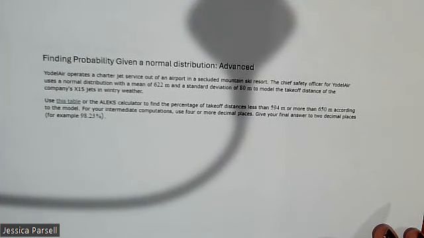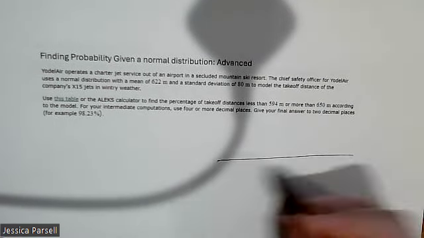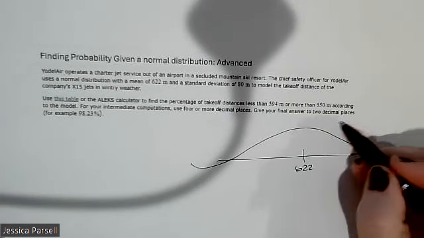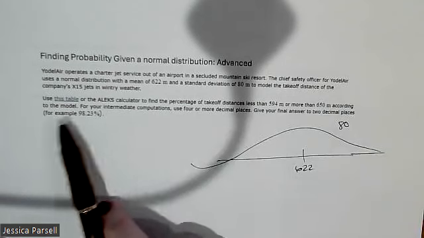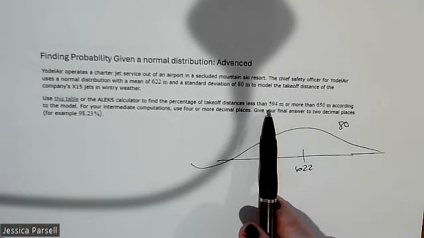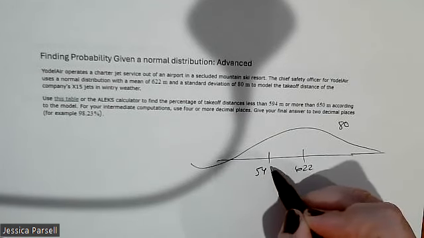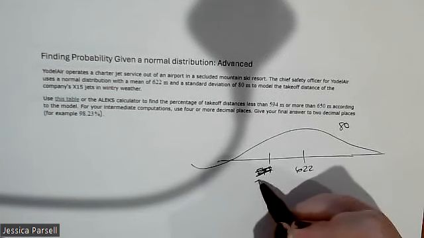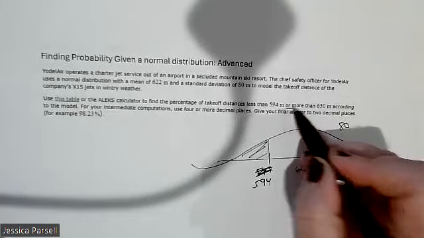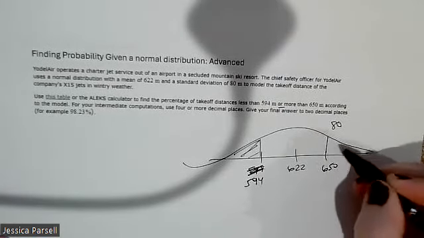The chief safety officer for Yodel Air uses a normal distribution with a mean of 622 meters and a standard deviation of 80. Use this table to find the percentage of takeoff distances less than 594 meters, or, here's the trick, more than 650 meters.